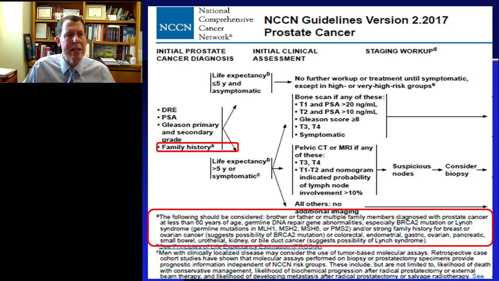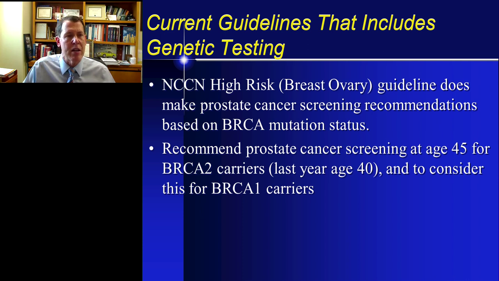In the current guidelines that include genetic testing are the NCCN high-risk breast and ovarian guidelines, which do make prostate cancer screening recommendations based on BRCA mutation status. For example, if they identify a family who has BRCA mutations, the males who may have a BRCA mutation should start prostate cancer screening at age 45.